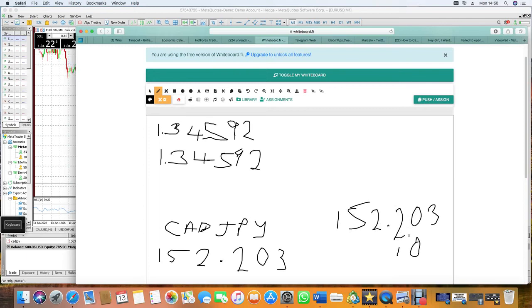So to calculate 10 pips and you are buying, so that will be plus. So here will be 3, 10 pips, and to sell is going to be minus 10 pips.